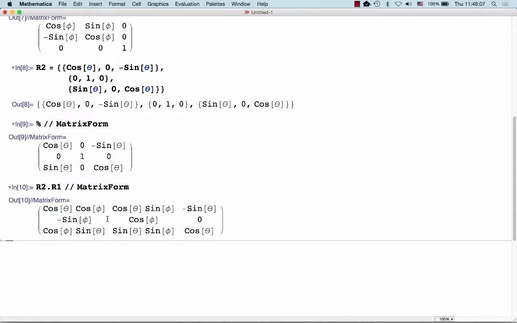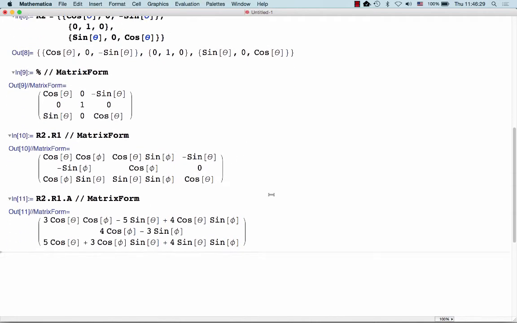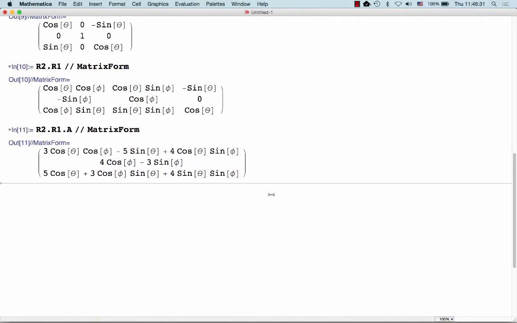And sure enough, that's what we found before. So similarly, if I wanted to operate those rotations onto my vector A, R2.R1.A, and again we can put that out into matrix form. And there's your answer there.